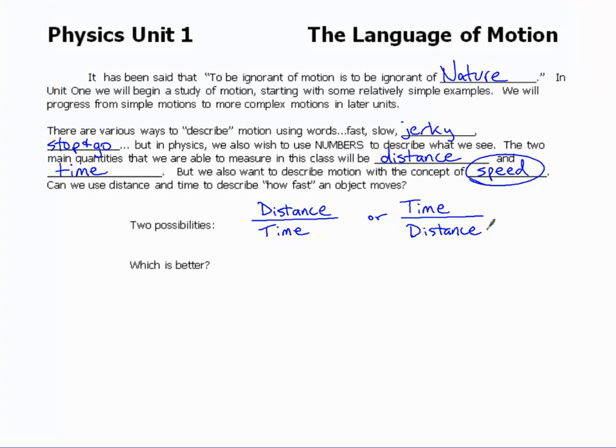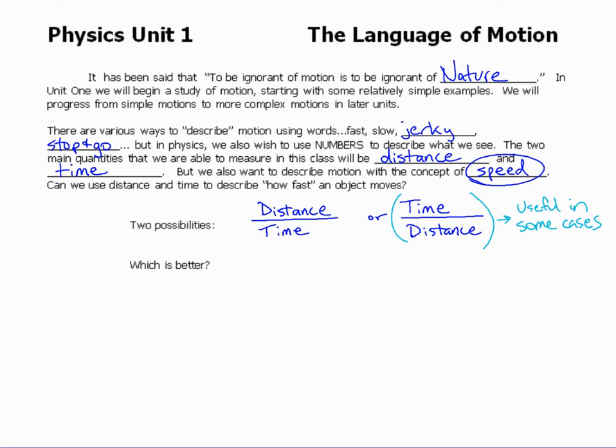Well, let's take a look at each one. Let's take a look at time over distance first. It is useful in some cases.